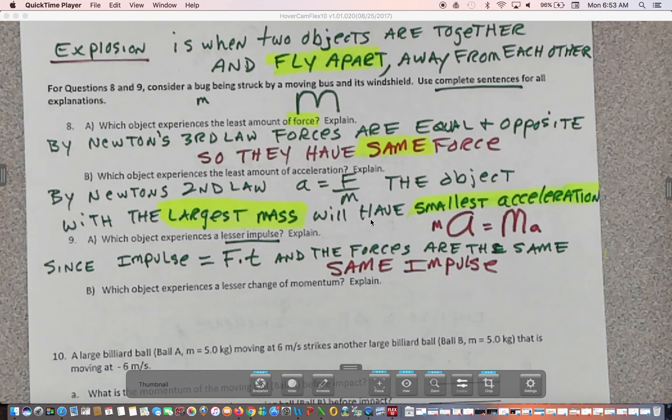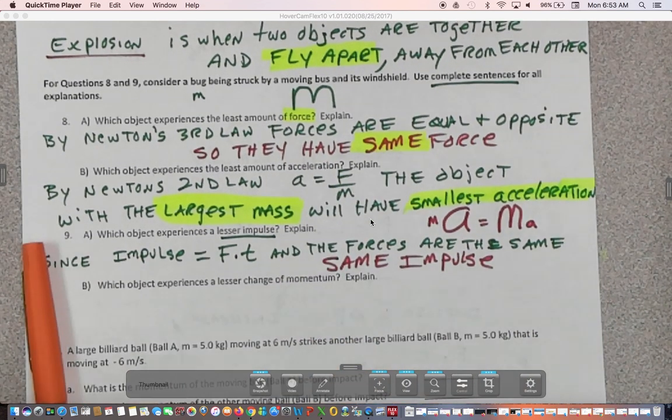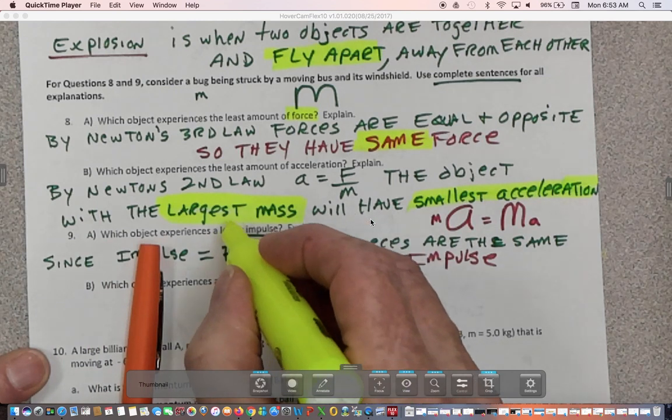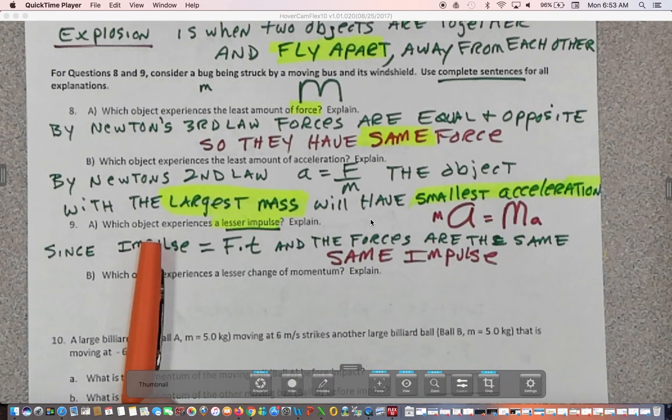So right now, the only thing that's different, they have the same force and same impulse. Let me highlight this. They have different accelerations.